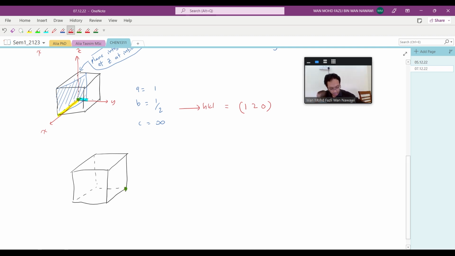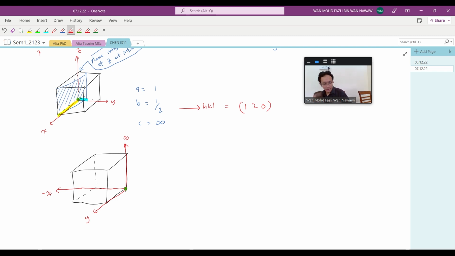Now I have this X, this Z, and this is Y. Now I shift the origin to the right, so the X coming on the left here is basically the negative X.